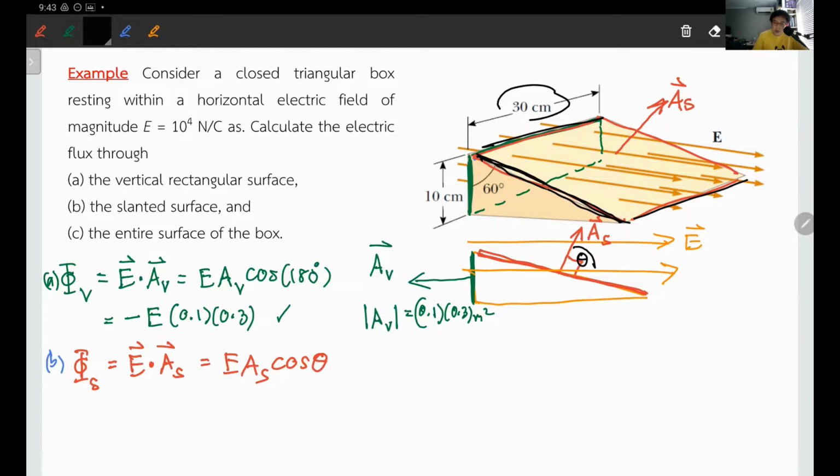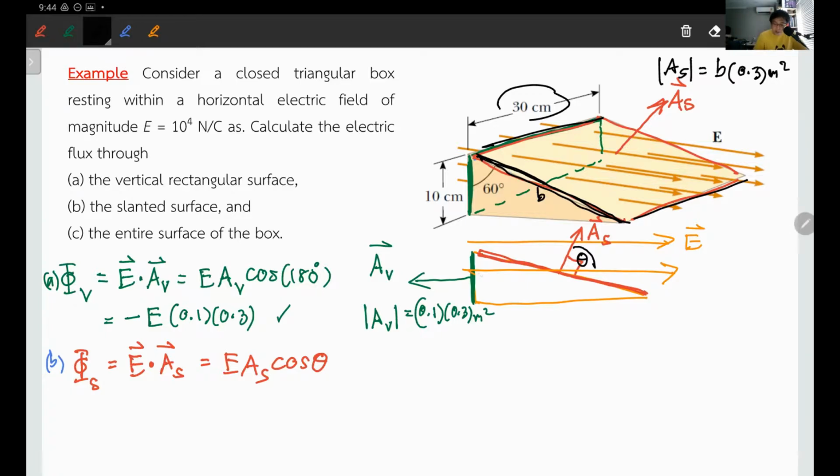So let me call this hypotenuse length B. So that means the magnitude of the A sub S vector is going to be B times 0.3 meters squared. So this is straightforward. That's fine. And actually you will be able to calculate the B because you know the angle is 60 degrees. So you can use trigonometry to calculate the B. That's no big deal.